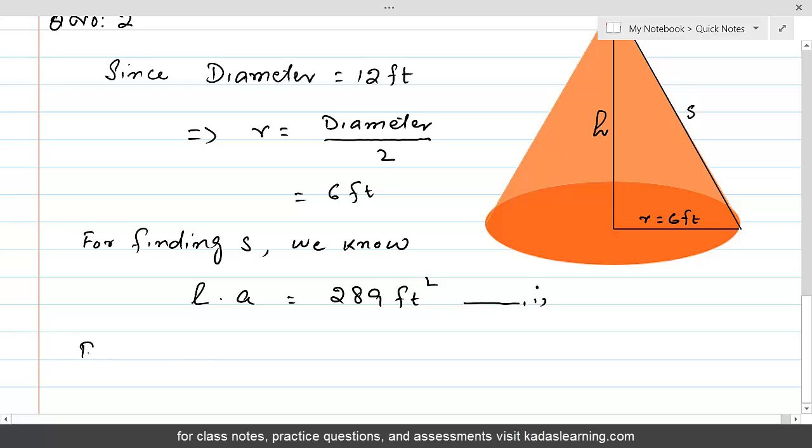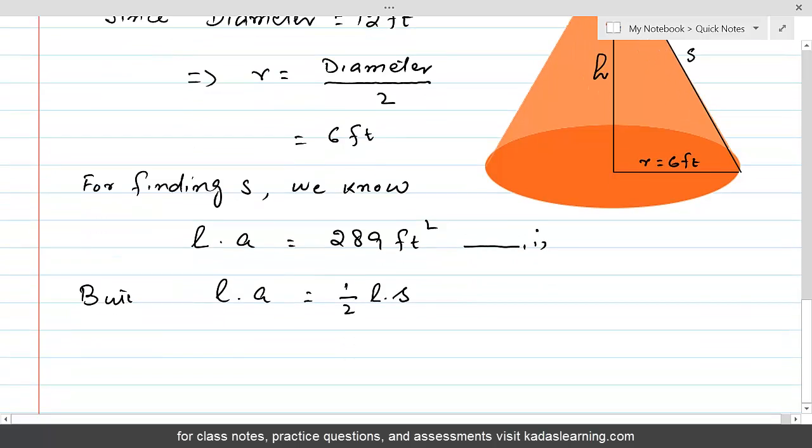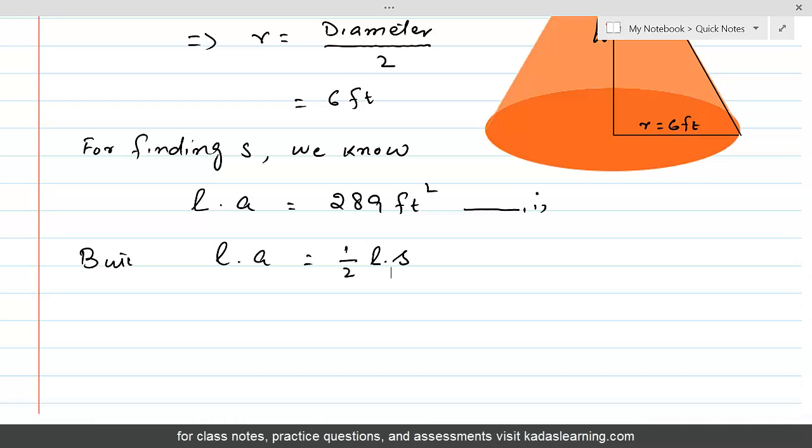But what is the formula for lateral area? LA is equal to 1 by 2 times L times S, where L is the perimeter of the base and S is the slanting height.